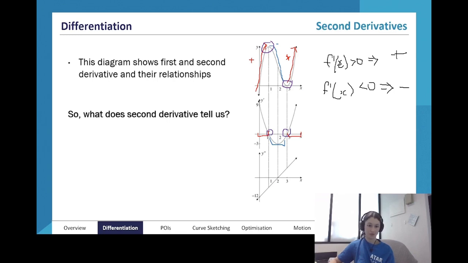So remember how to find the x-intercept of a curve is when the value of the curve, or the y value of the curve, is equal to 0. So when the derivative function is equal to 0, we have a stationary point.